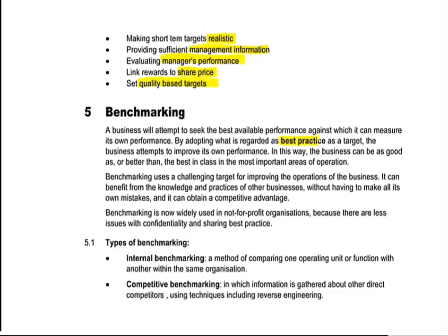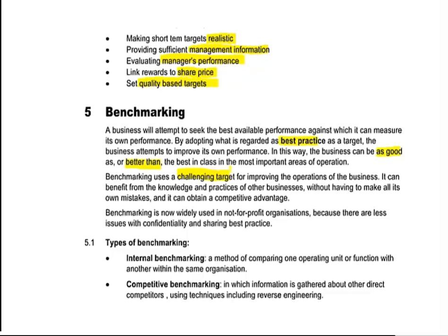Performance should be improved, and it can be made as good as the competition or better in the most important areas of operation. So they're challenging targets. They're not necessarily going to be easy, but they should improve the operations of the business.